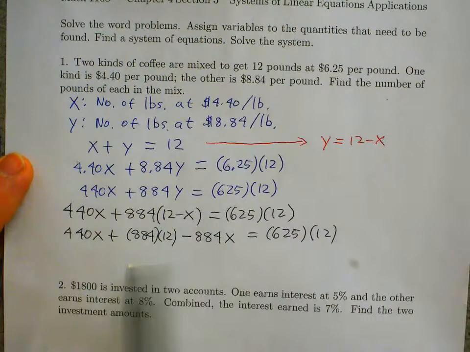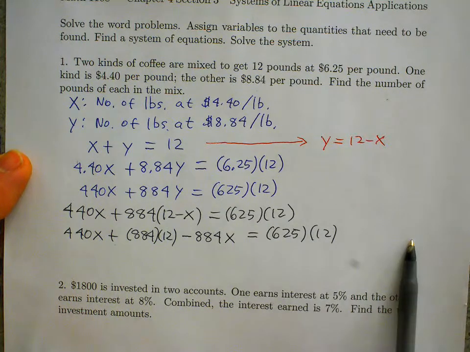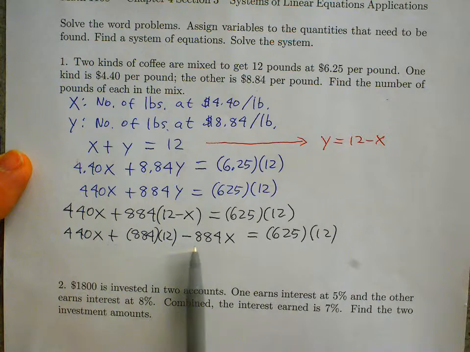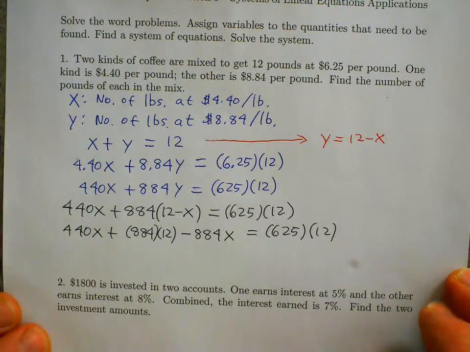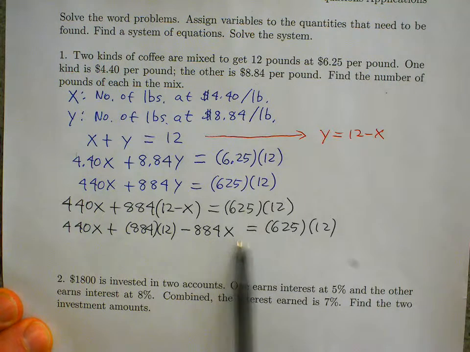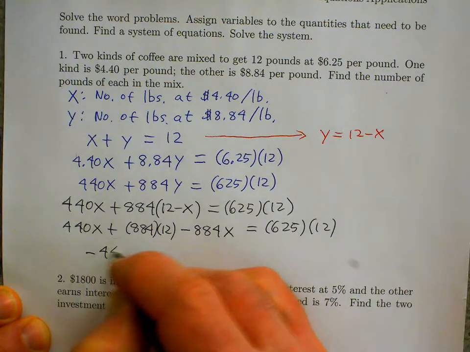In the next step, I'll do two things. I'll subtract 884 times 12, and I will also combine 440x minus 884x. That's not too hard. That's just negative 444x.